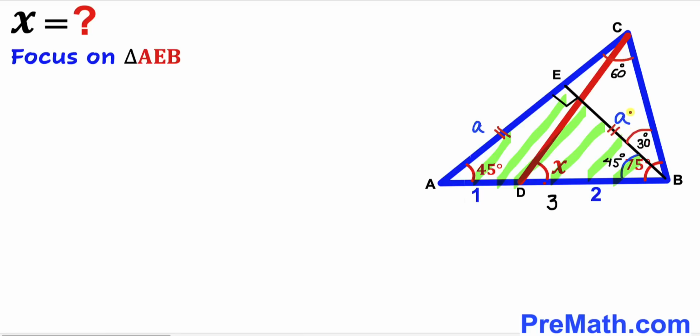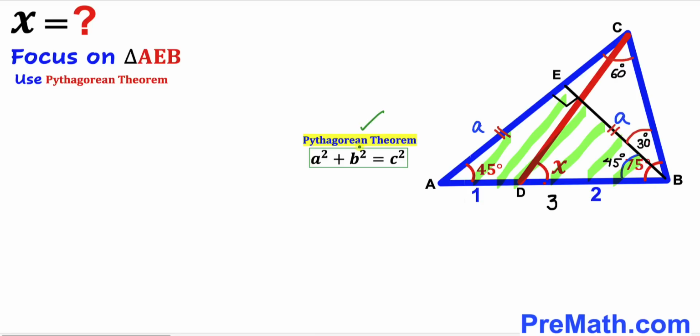Now we are going to find the value of lowercase a. So we are going to apply the Pythagorean theorem on this triangle. Here's our Pythagorean theorem: a squared plus b squared equals c squared. In our case, our hypotenuse is 3 units, whereas our two other legs are a and a.